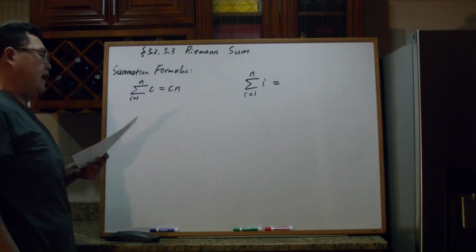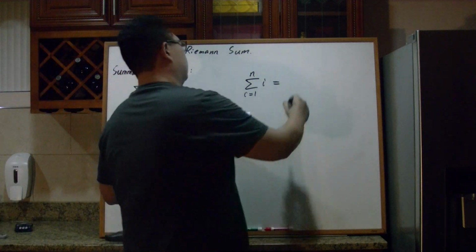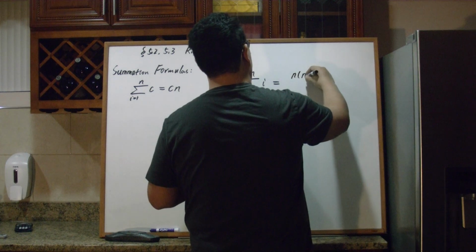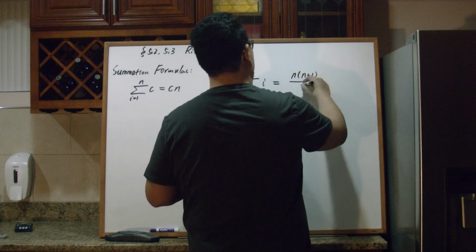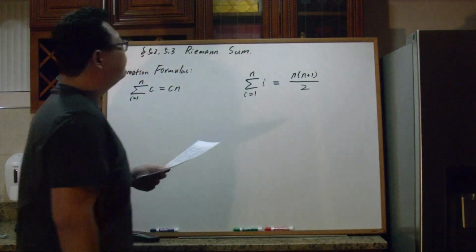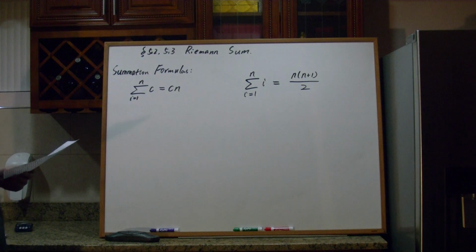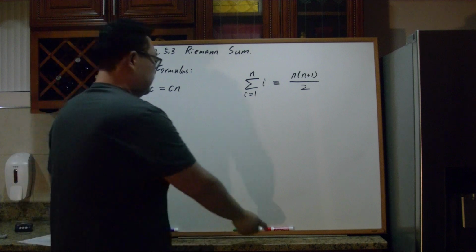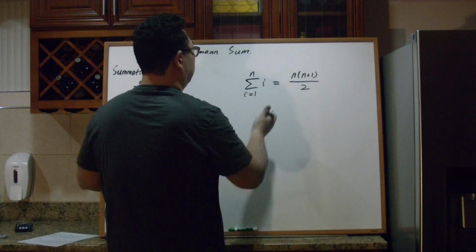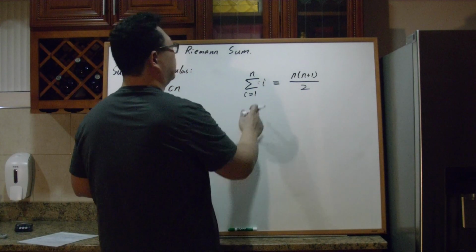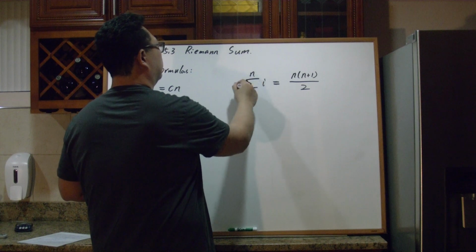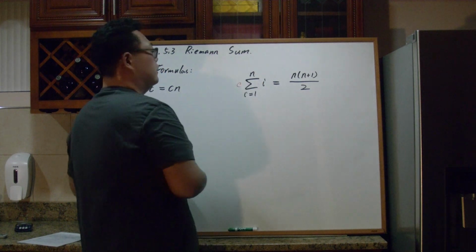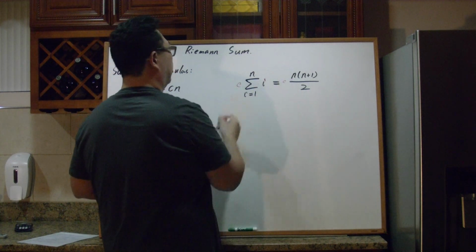The sum of i is n times n plus 1 over 2. If we have a constant in front of the i, it can be taken out of the summation symbol, so it will be c times the sum of i.